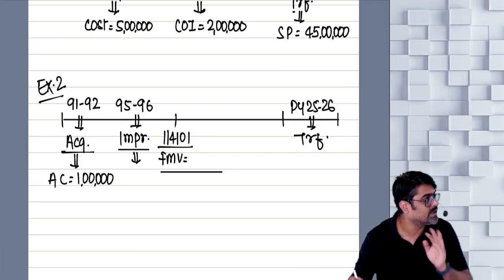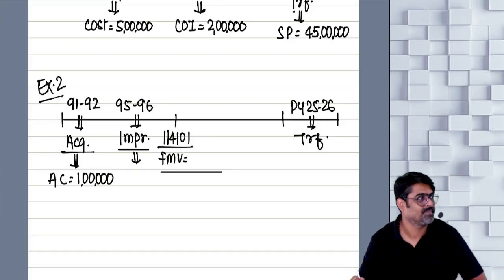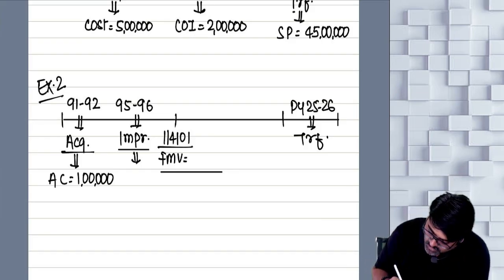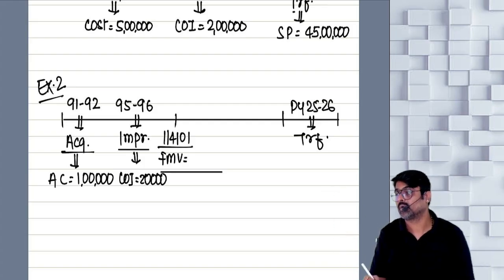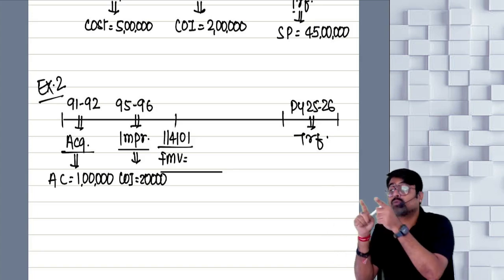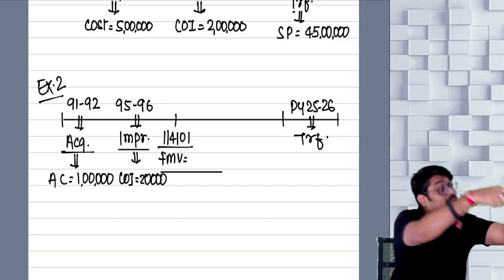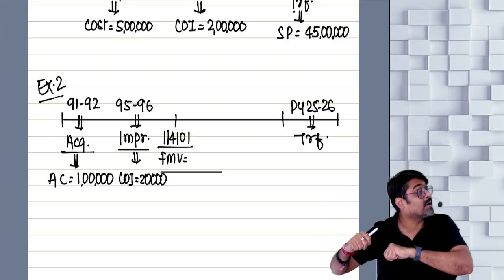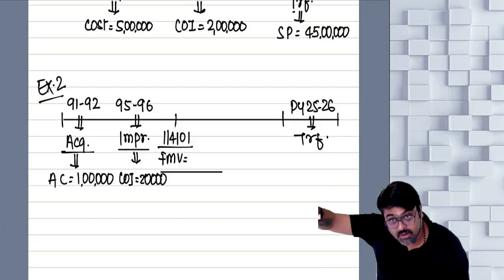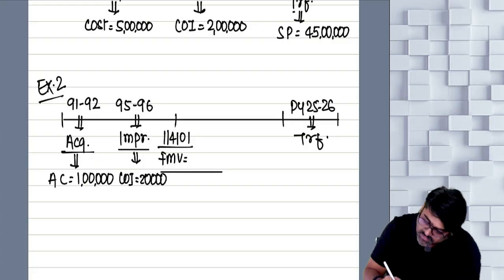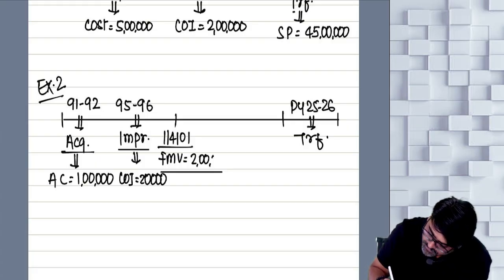If the cost of improvement was 20,000, will the fair market value be 1,50,000 or higher? This will be the fair market value of the asset which you acquired and improved. So the fair market value will now be, for example, 2 lakhs.